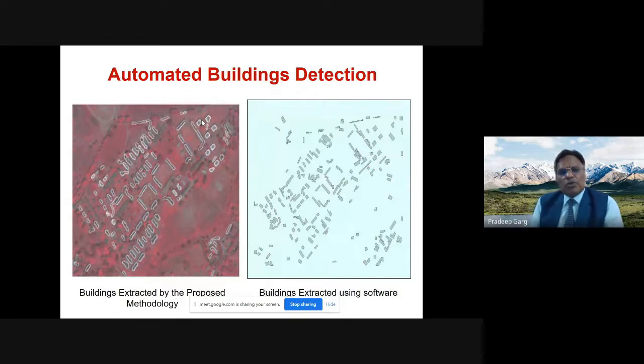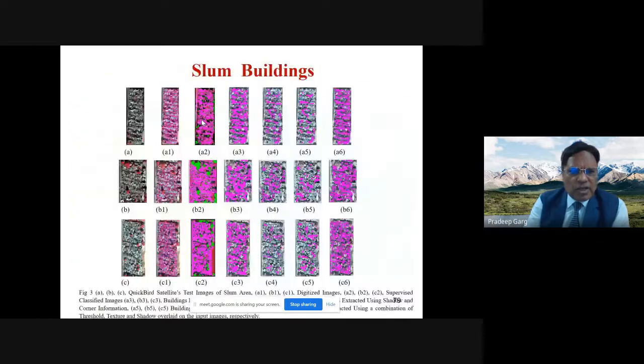So this is the automatic building detection by the algorithm. Every building will be detected and you can find out the area of the building, and this is very, very important. In fact, the local administration like the municipality would be interested to know how much is the constructed area in a particular ward, in a particular locality, and they might be interested to know whether there's any illegal building which is coming up.